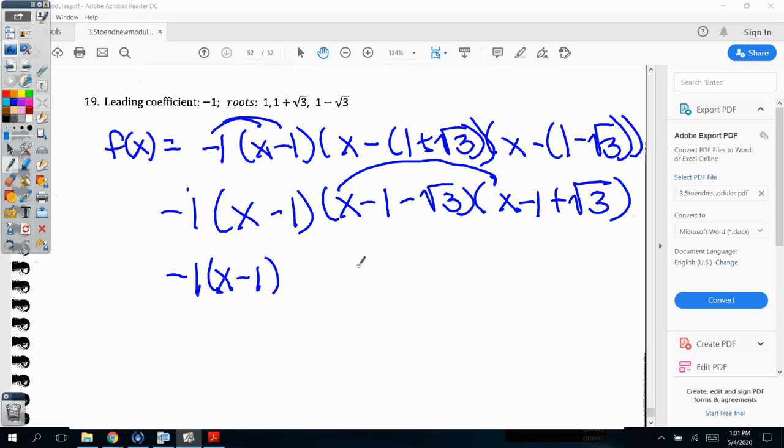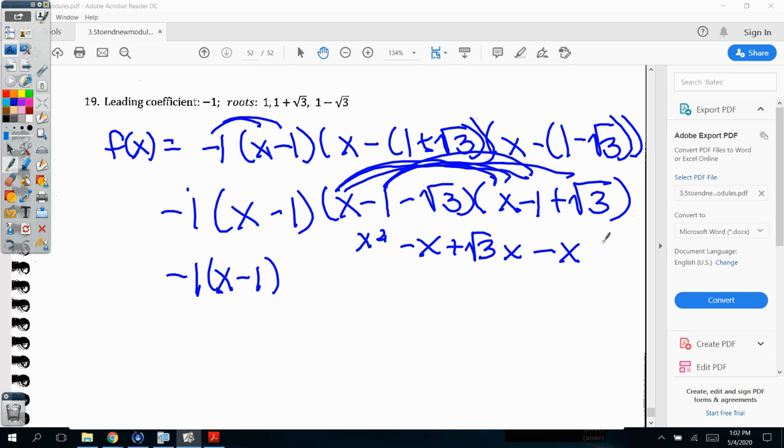Okay, x squared minus x plus root 3x minus x plus 1 minus root 3.